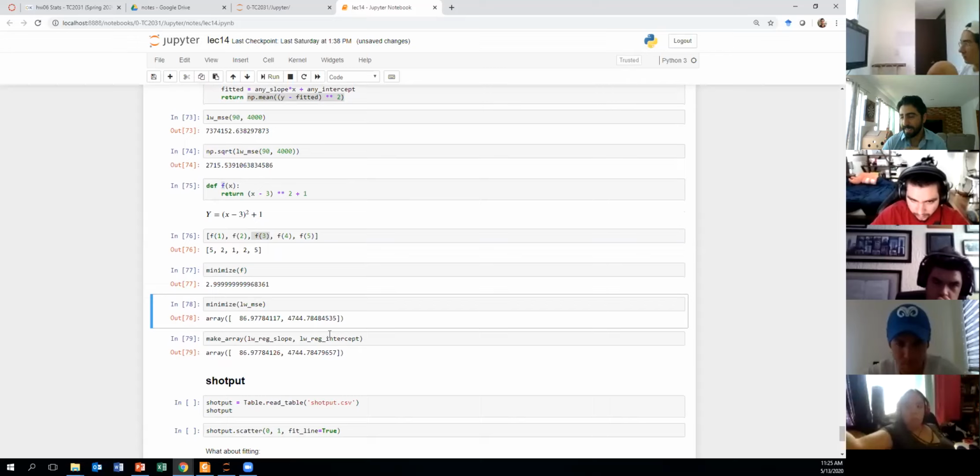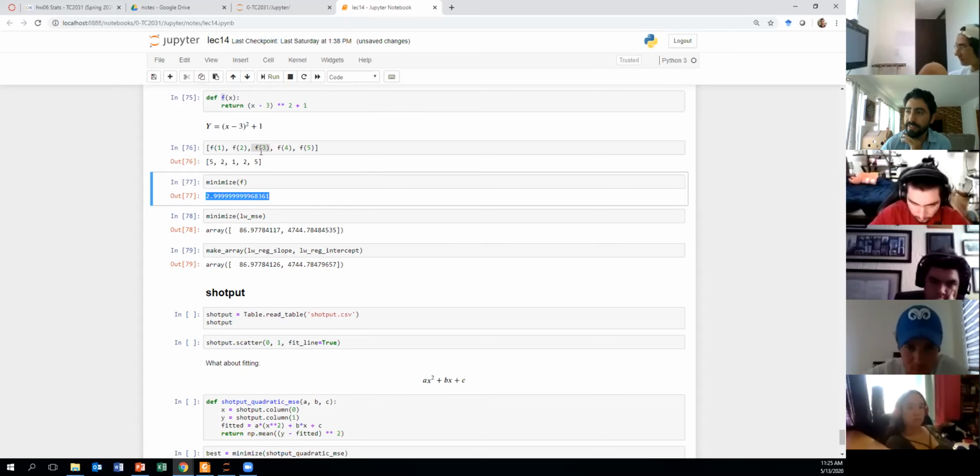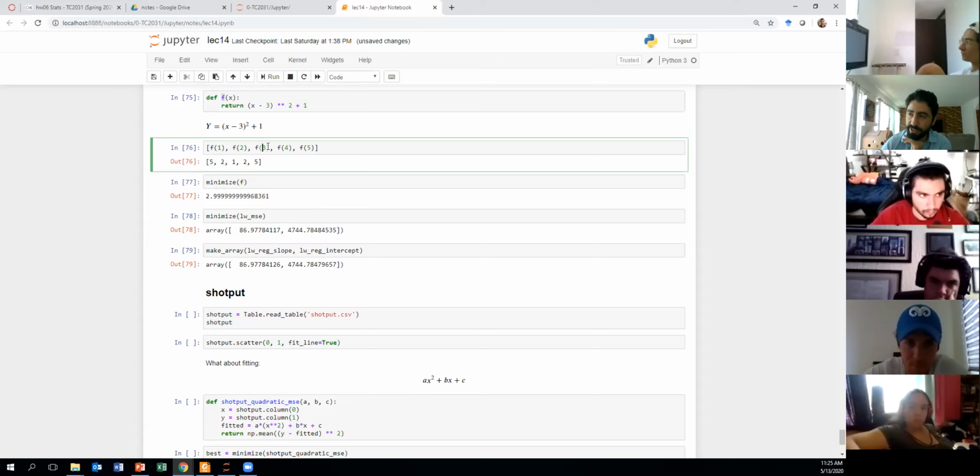It is exactly the same. Python is basically rounding the value at some point. For example, here the actual value is 3. If I call my function with 3, I'm going to get the lowest one.